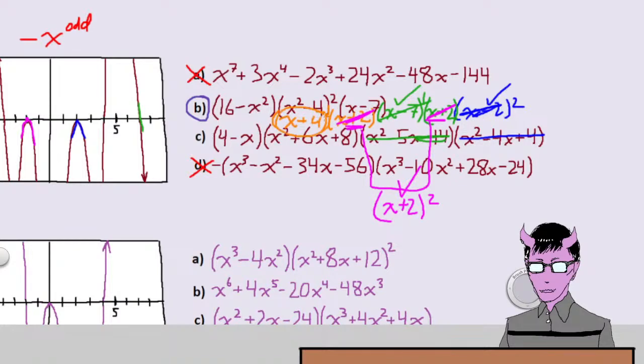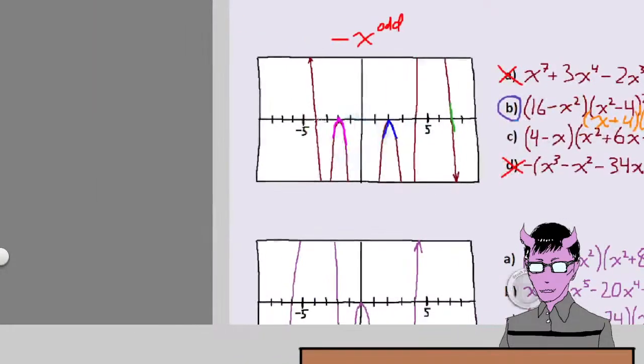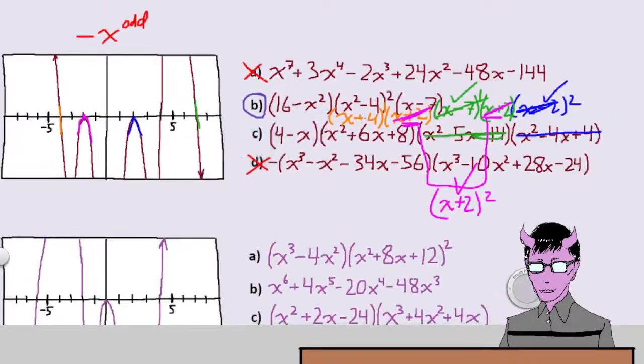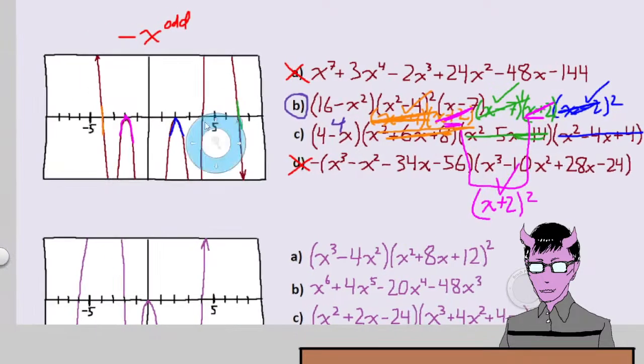Exponent 1, so at negative 4 we're supposed to have pierced through. Negative 4, yes, pierced through. Consistent. And then lastly, 4 minus x. I'll use that dark purple, exponent 1, so pierce through.